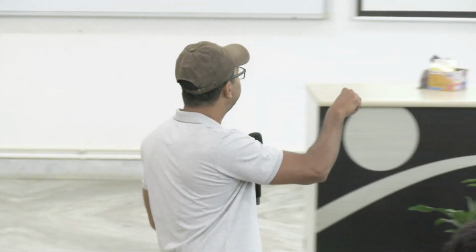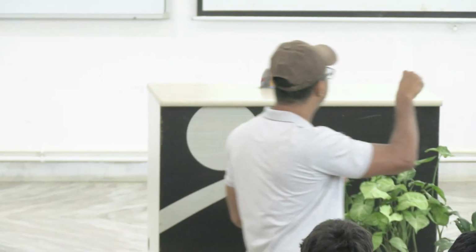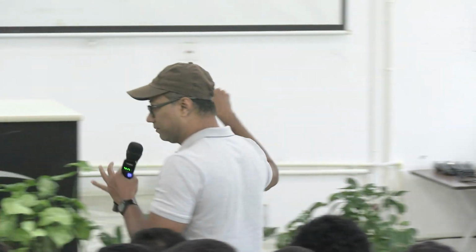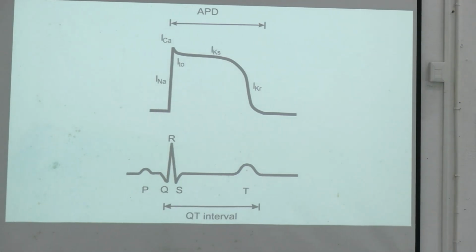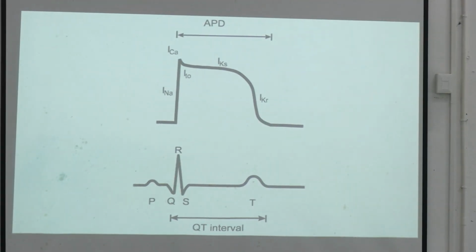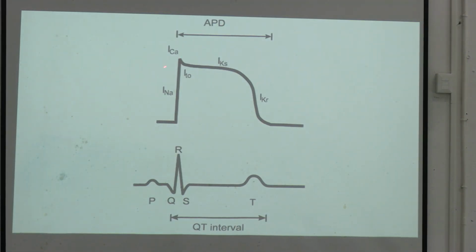Here is the action potential in ventricular myocardium, and here is the same time frame. If we superimpose ECG and action potential, it looks like this. During phase 4 we get the P wave, and during the ventricular contraction phase we get the QRS complex.